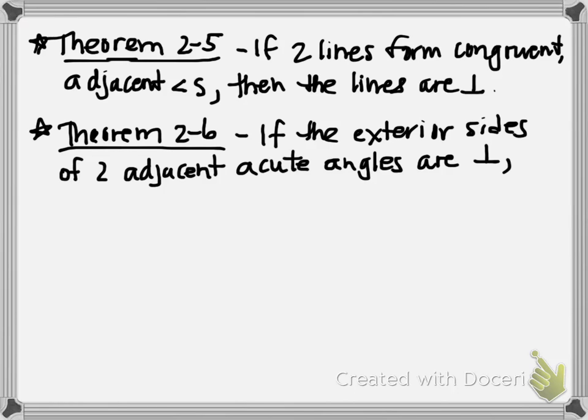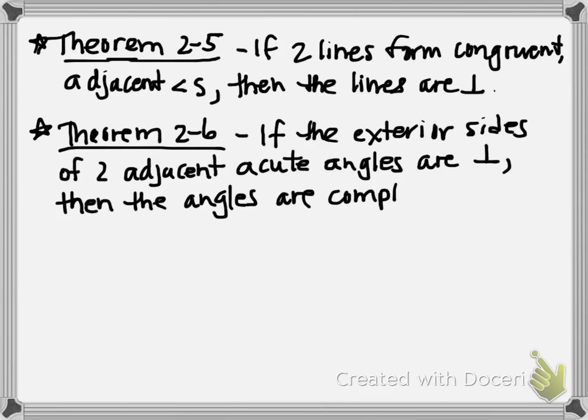What do we know about two adjacent angles that add up to equal 90 degrees? Well, then the angles are complementary. Remember, it's with an E, not an I. So I've got this angle here, and we'll call it angle AOB.